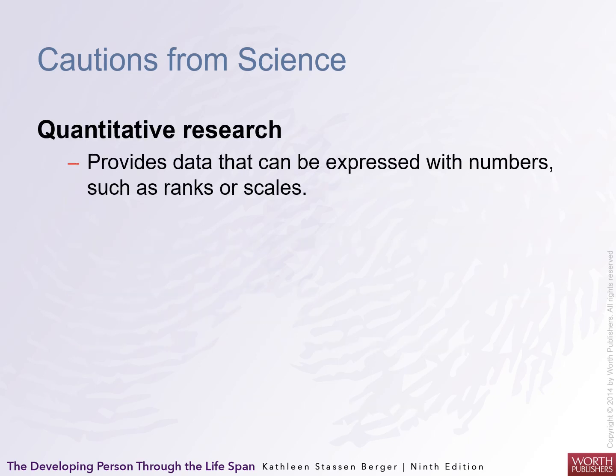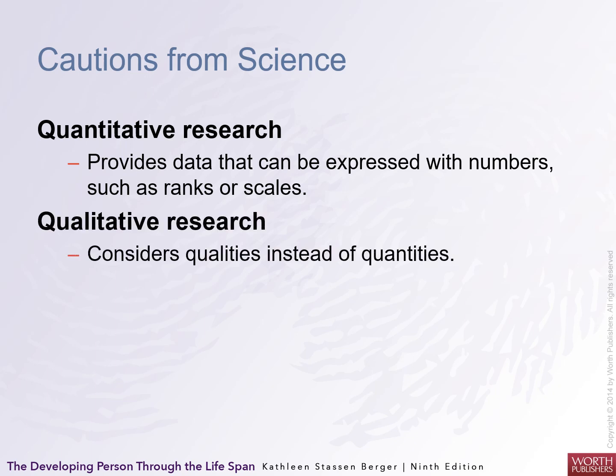Likewise, quantitative research is a term you should know about. It provides data that can be expressed in terms of numbers such as ranks or scales. And of course, most scientists look for quantitative research. Qualitative research, on the other hand, considers qualities instead of quantities.